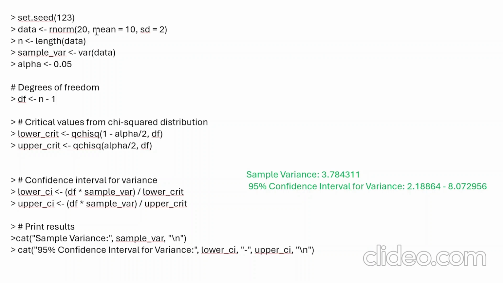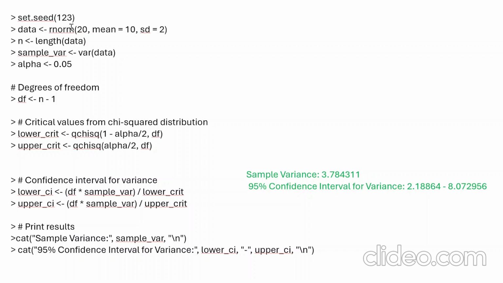The same thing can also be recreated in the R language, where you can see the set seed. Okay, let's see how this program is constructed. First is feeding this normal data. For that, we first need to say what random numbers have to be generated. If I just give rnorm 20, mean 10 and SD 2, it will generate 20 random numbers.